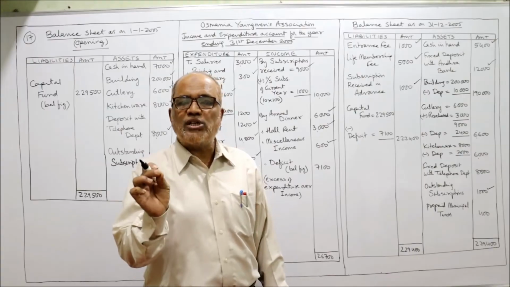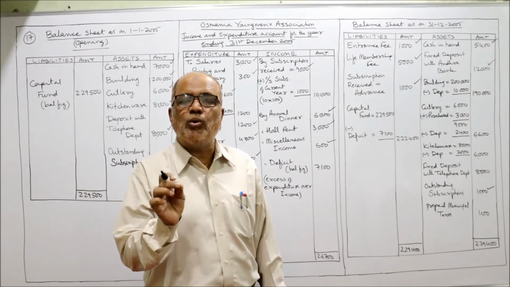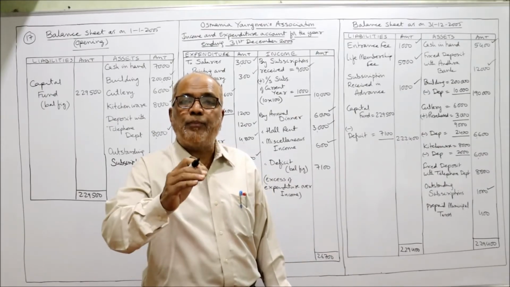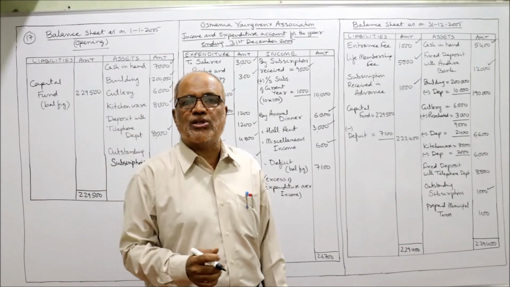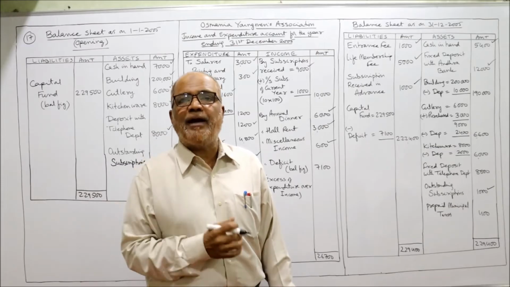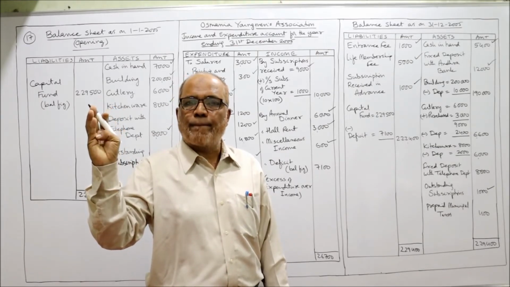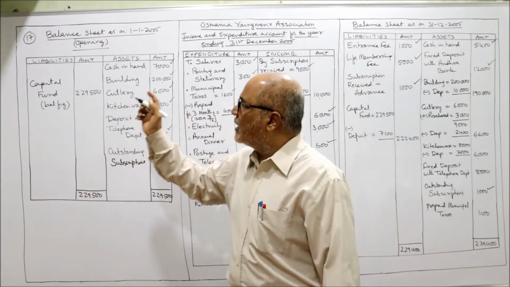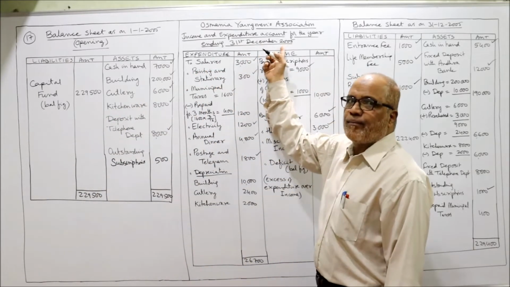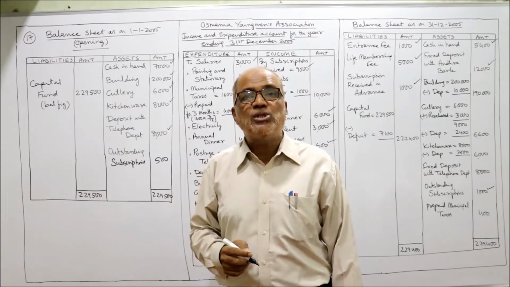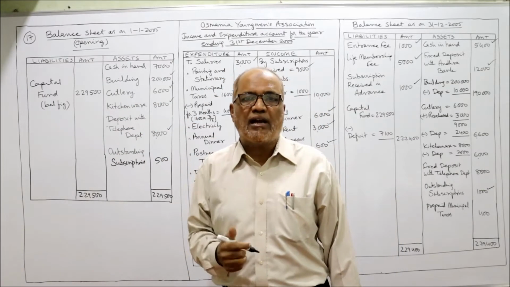Actually, we are closing the accounts on 31st December 2005, but municipal taxes are paid up to 31st March 2006. So how many months are prepaid, paid in advance? January, February, March. So 3 months in advance.